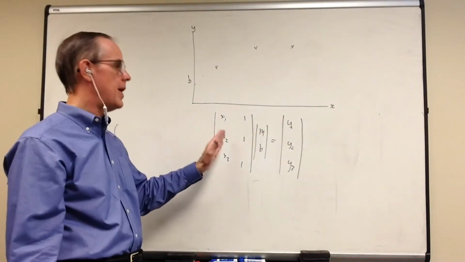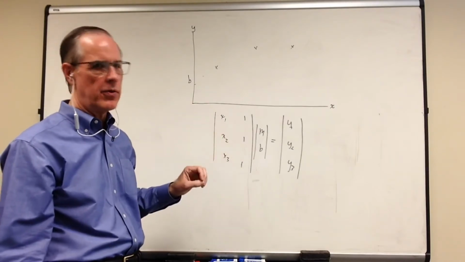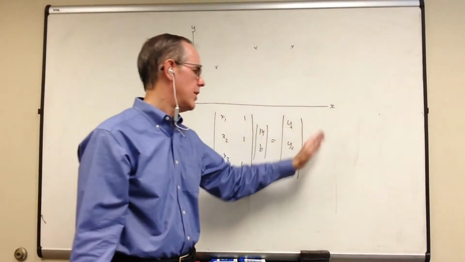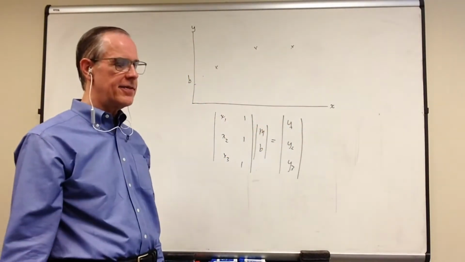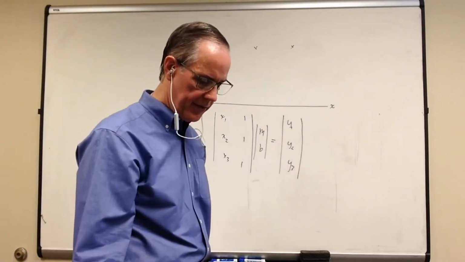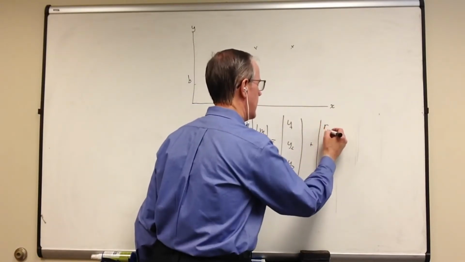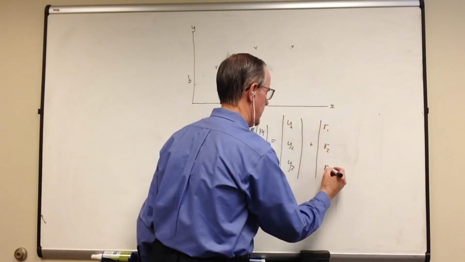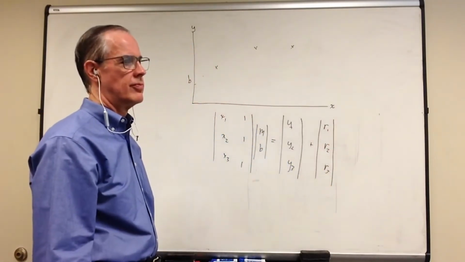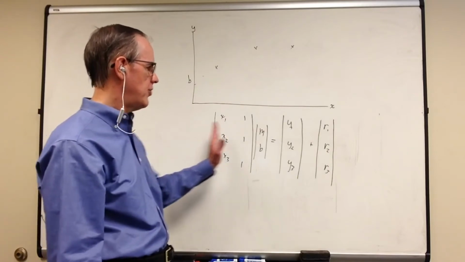This is not a square matrix. It's not invertible, at least not in the proper sense of the word. But let's suppose that I sneak in a term that looks something like this. If I did that, then I could have a solution.